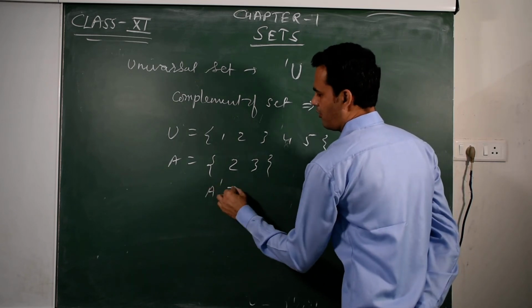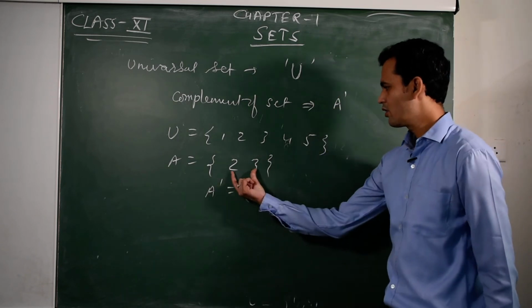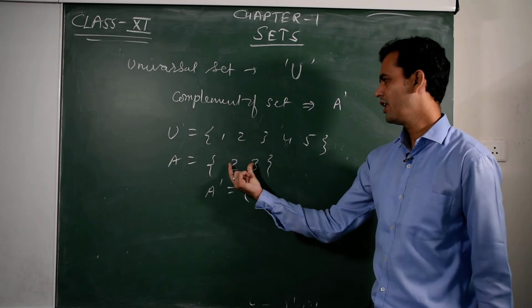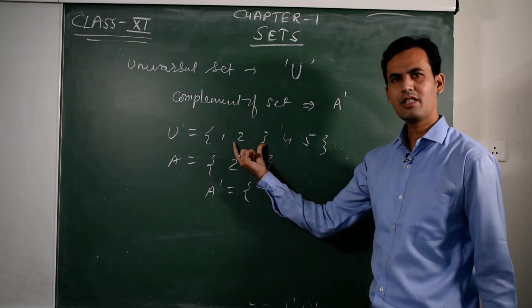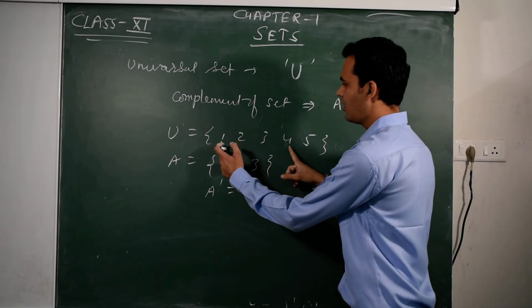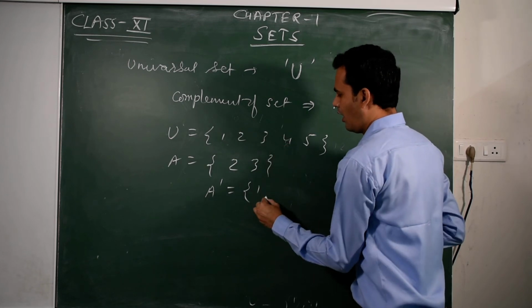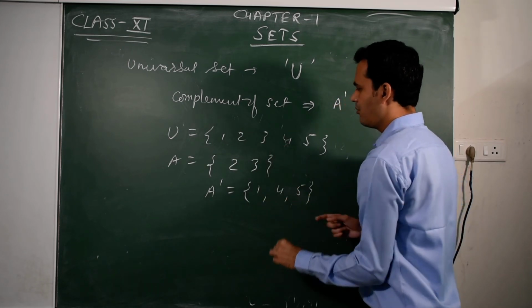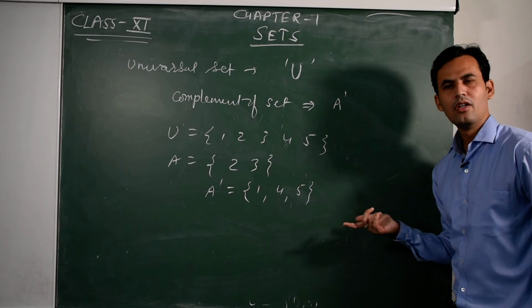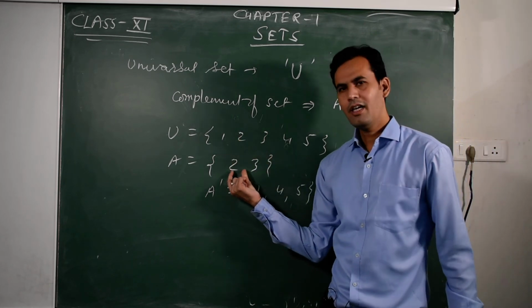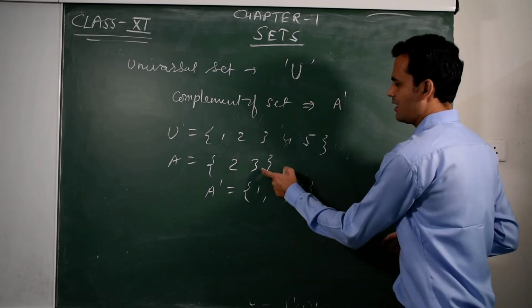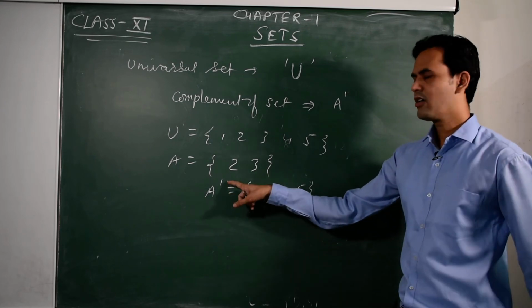So if we find A complement, these two common elements are in U and A. We remove these two common elements, and the other remaining elements of U are the elements of A complement. Okay, it means U minus A is the set A complement.